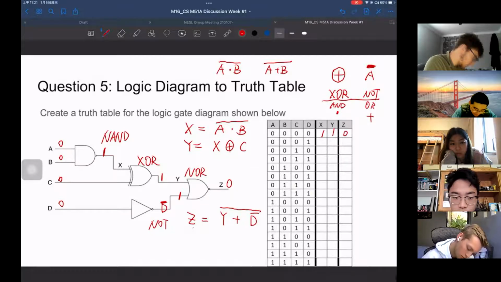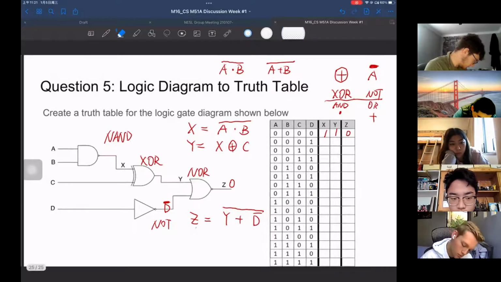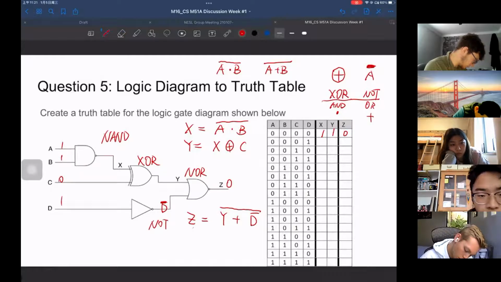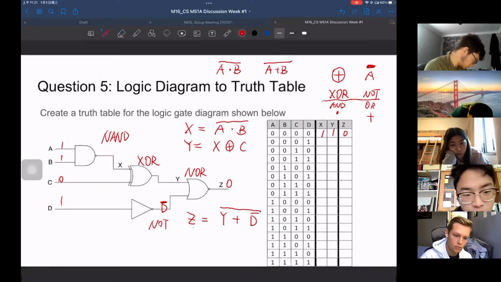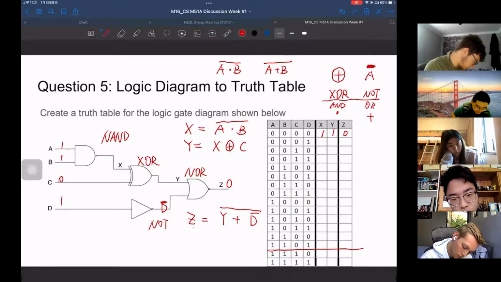Okay, similarly, can any volunteer do the next? I will give you a random example: 1, 1, 0, 1. Okay, let's try it together. Great. So A and B is 1, but we have a NAND, so it should be 0.